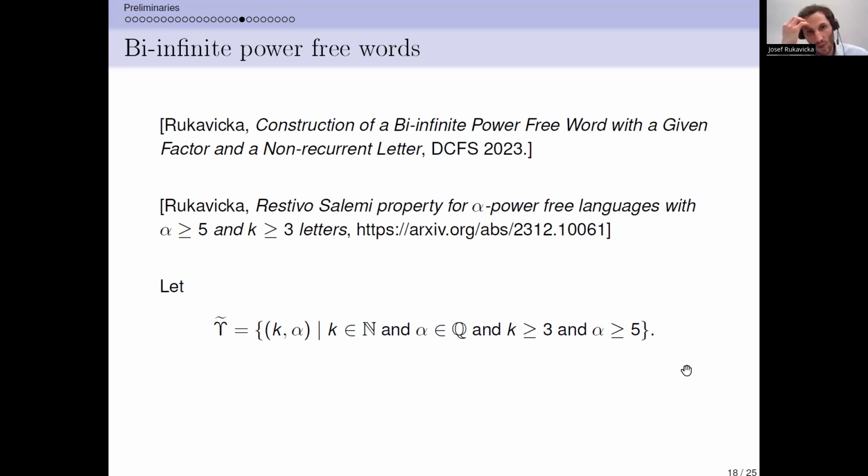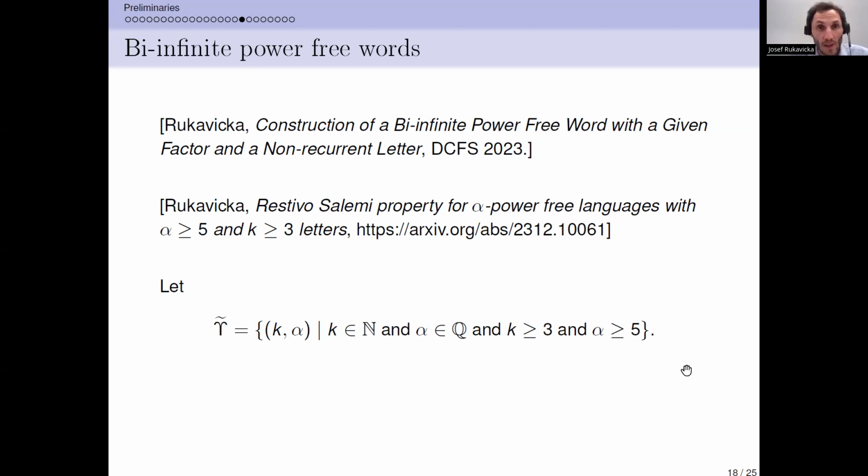I presented both of these two papers together on this slide because they use the same notation, and actually it could be just one paper. The second paper uses the results from the previous paper extensively.